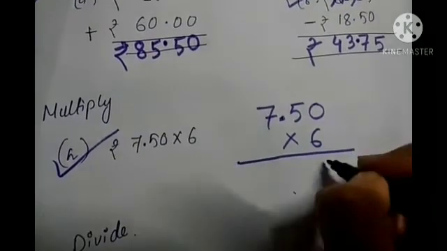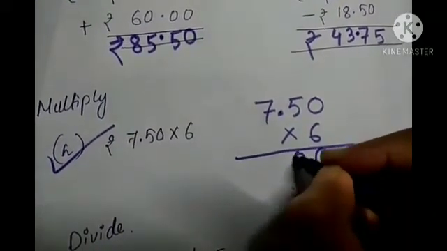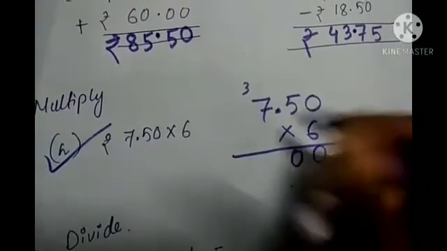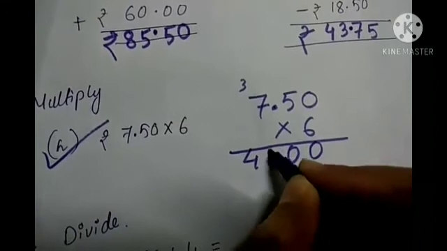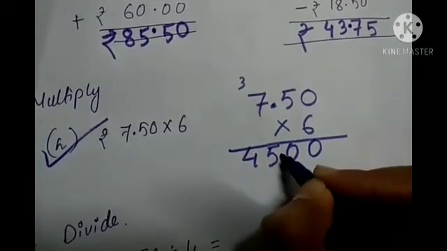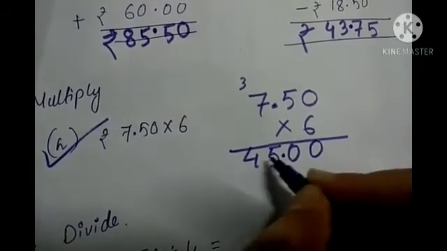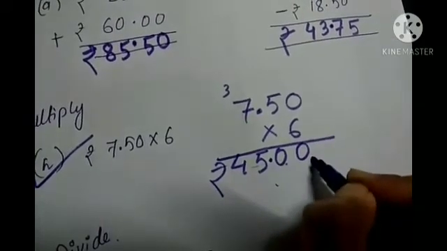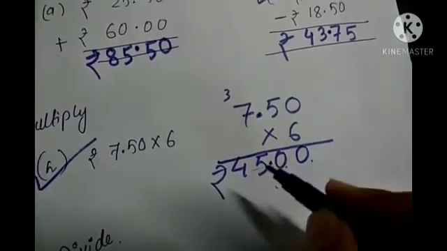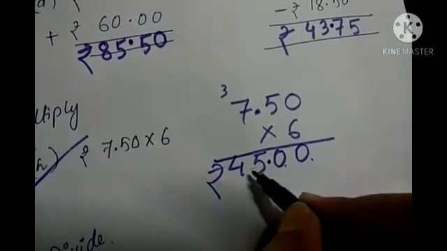So 6 times 0 is 0, 6 times 5 is 30, carry 3, and 6 times 7 is 42, plus 3 is 45. The point you have to put after 2 digits, so it will become rupees 45. The 0 means nothing, so rupees 45.